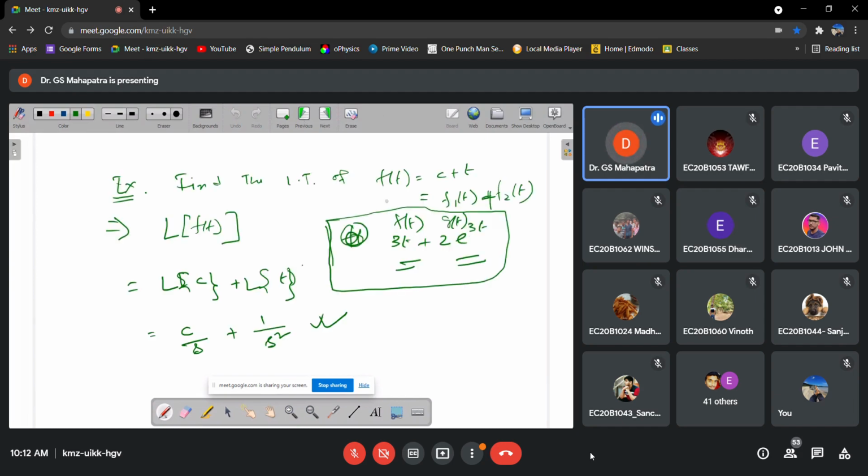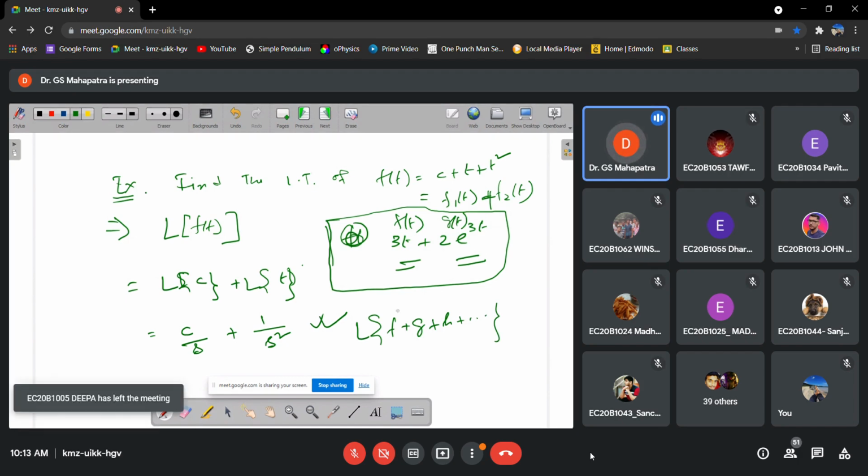Can we find the process if we have to find t square? Can we do that one? Correct, only the linearity property. So f plus g plus h and so on, where f, g, h are functions of t. It is applicable for such a sum of functions. So the Laplace transform of f plus g plus h and so on.